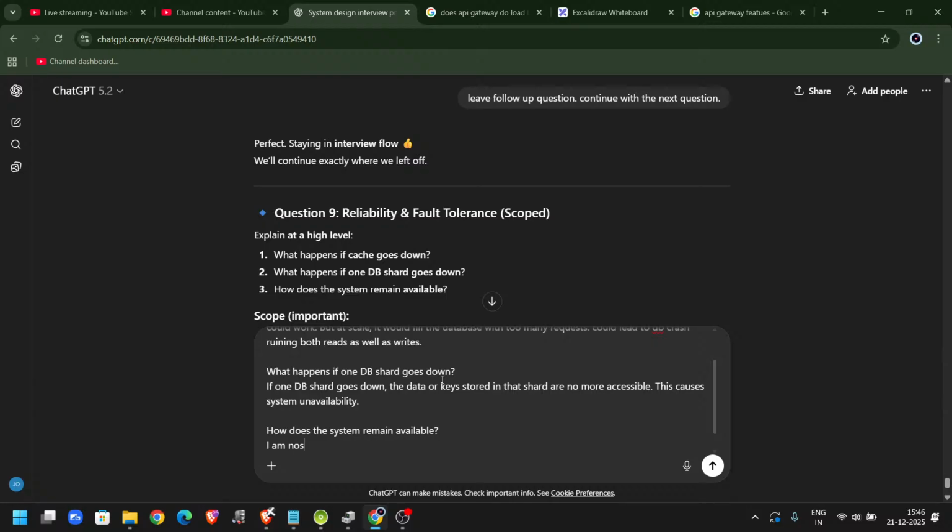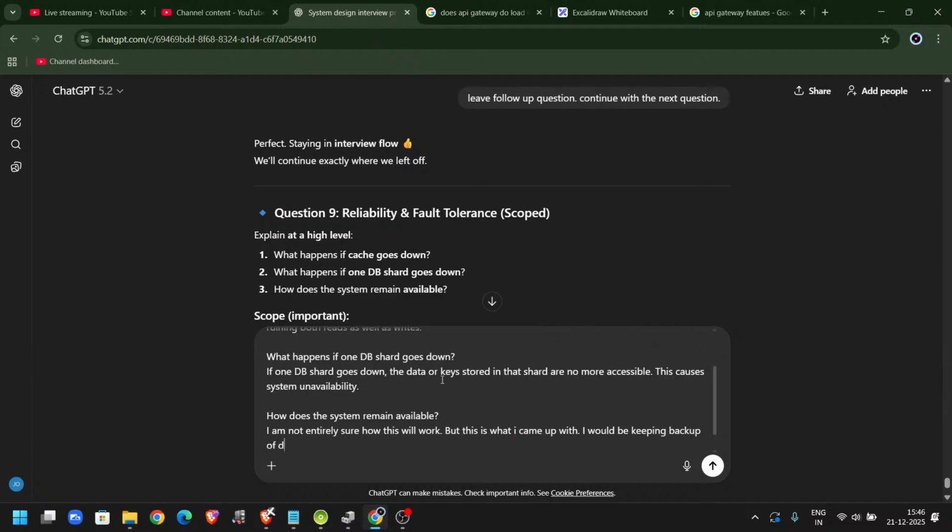I'm not sure how this will work, but this is what I came up with. I would be keeping backup of data.